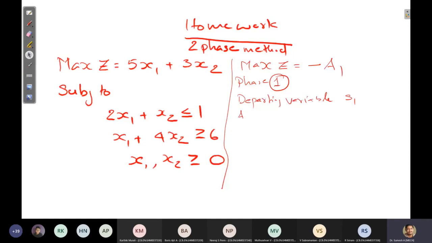You can verify, the key number is 1. Was that correct? Yes, sir. Yeah, iteration 1.